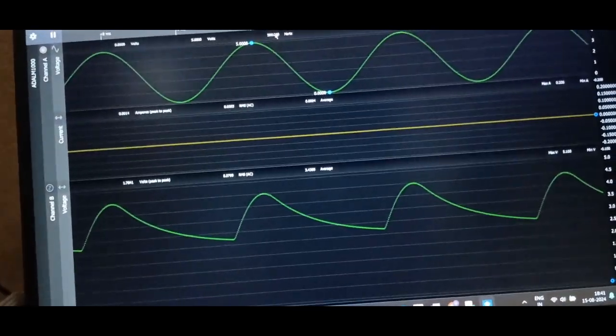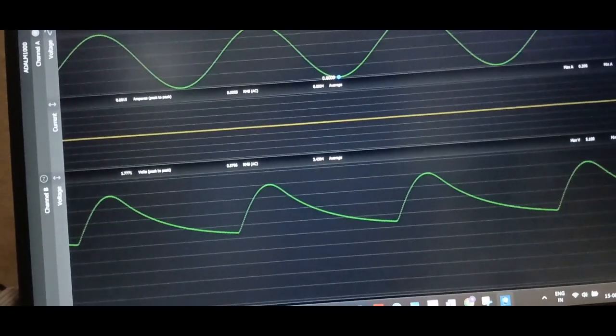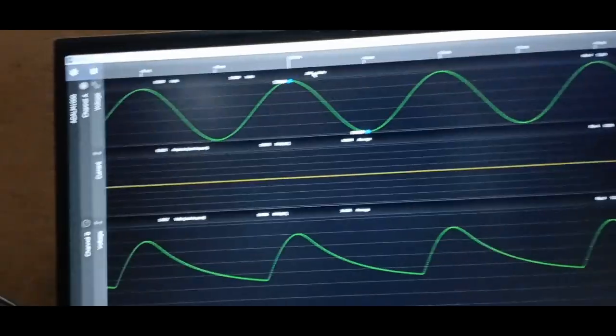Now I'm going to set it to 1000 Hz. Let's see what happens.